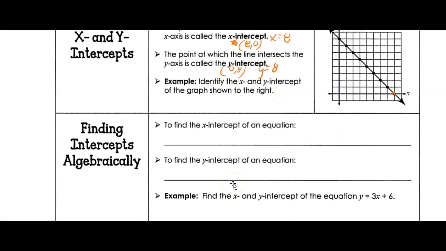So it says find the x-intercepts of an equation. How do we do that? Well, when we have both, we let y equals 0, and then we solve for x. And then to find the y-intercept, we let x equals 0.